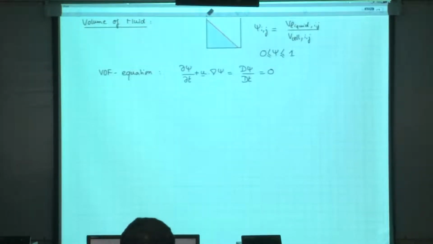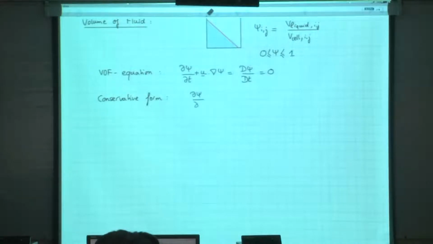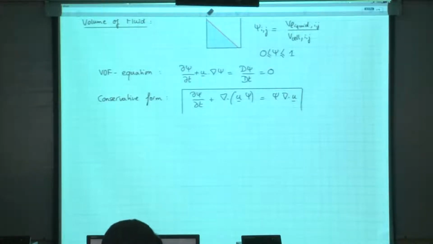So we're going to convert this to the corresponding conservative form of the equation, which gives us dpsi/dt plus divergence of u psi is equal to psi times divergence of the velocity. And under the assumption that we're working with an incompressible fluid velocity, then we're left with a very straightforward equation to discretize.